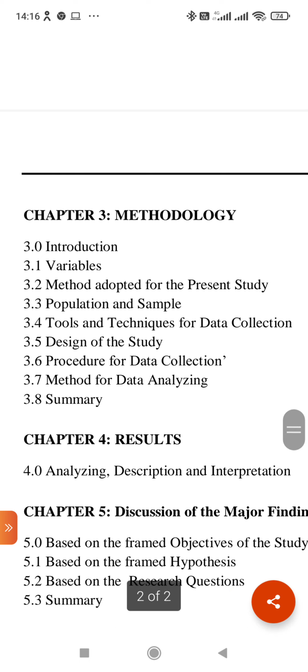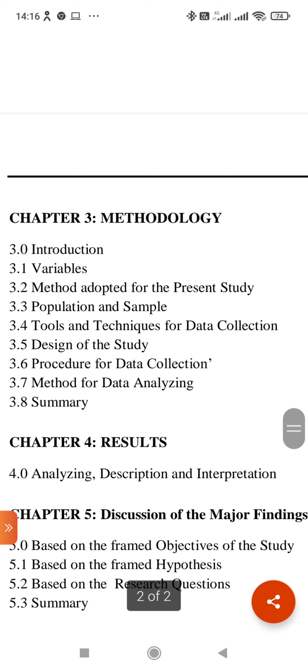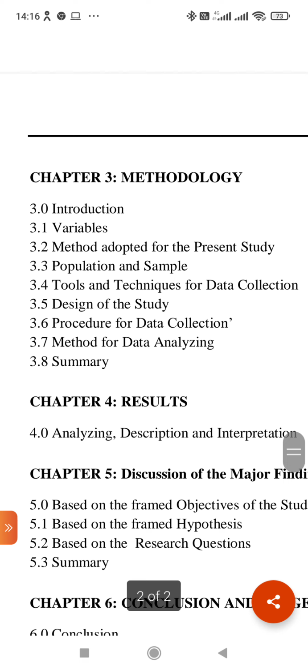What are the tools and techniques for data collection, what will be the design of this study, the procedure for data collection, how you're going to go about it, then how you're going to analyze the data, and then you have to give a brief summary about the entire process of methodology in this particular chapter. So you can just briefly summarize.